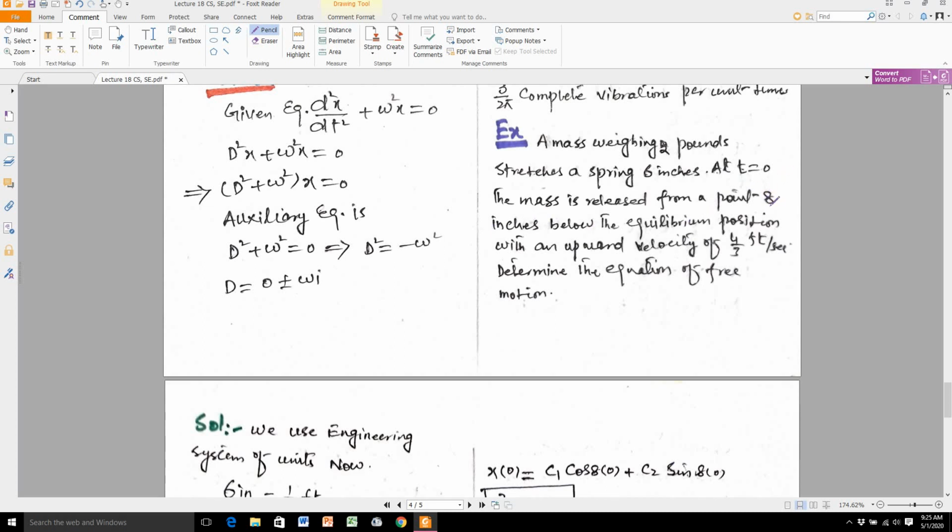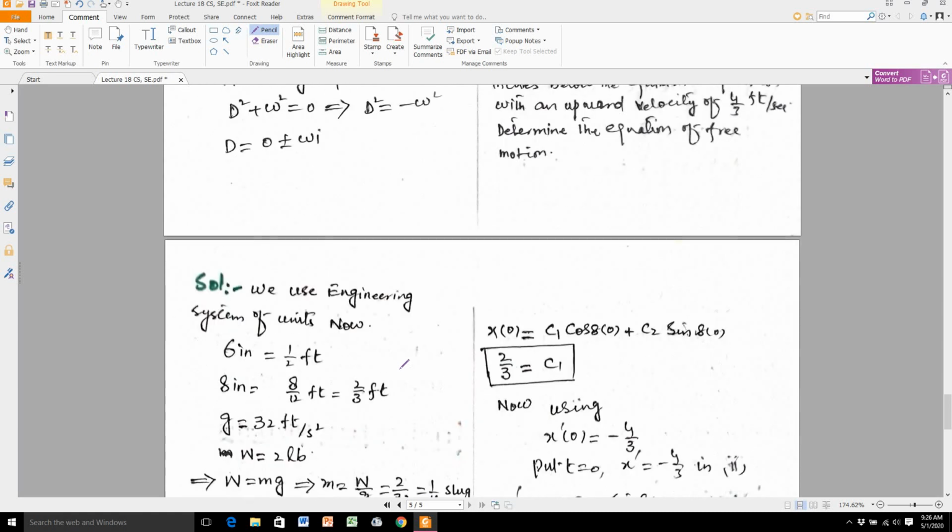It means this 8 shows the displacement of the body, from where it is released below the equilibrium. It means its motion is towards up, so it is a negative velocity. It is released from 8 inches below the equilibrium position with upward velocity 4 by 3 feet per second. Determine the equation of free motion.